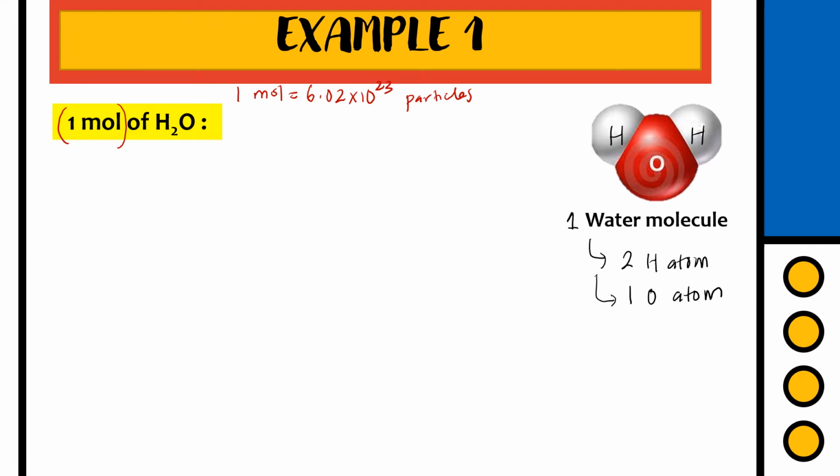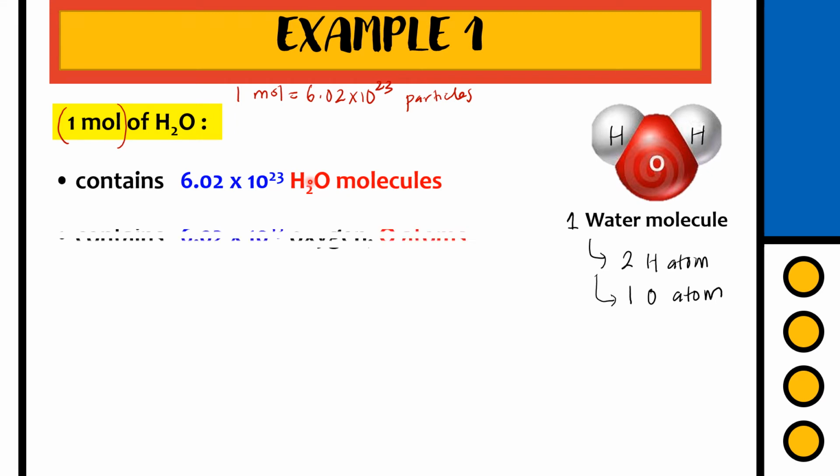Now untuk water, apa yang ada kat dalam water? So 1 mole of H2O will contain 6.02 times 10 to the power of 23 H2O molecules. 1 mol H2O ada sebanyak 6.02 darab 10 kuasa 23 molecule water. That's the first one.